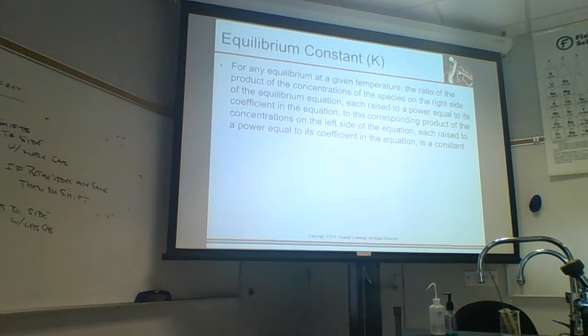K is a funny ratio: the concentration of G raised to the little g power times the concentration of H raised to the little h power, over the reactants. This is equal to a constant for a given reaction at a given temperature.